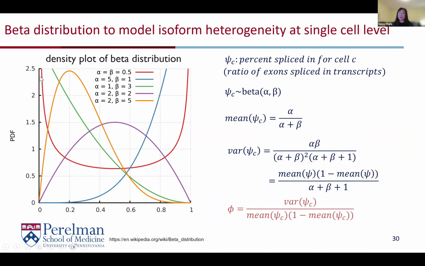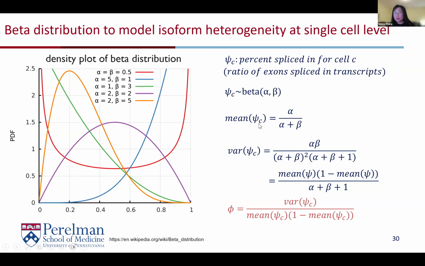But we would like to control for the sampling noise, right? Because for lowly expressed genes, you're looking at a binomial with small total count. So we model the psi c. You don't see psi, right? What you see is the total and the number of spliced reads. So psi c, if you were to see it, you would model it as a beta distribution.